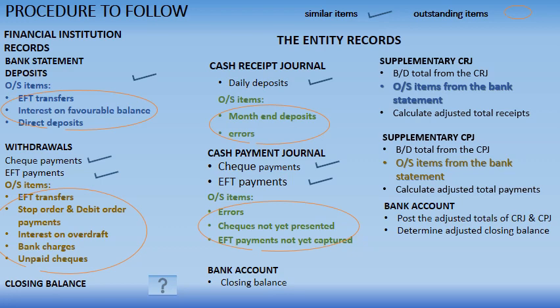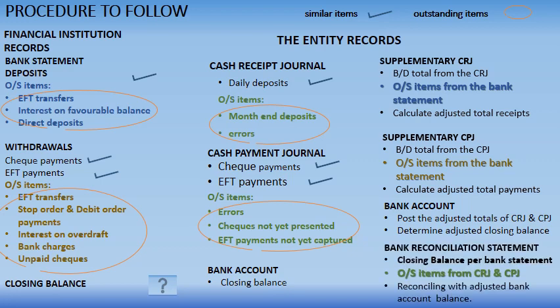Post these adjusted totals of the receipt journal and the cash payment journal into the bank account. Determine the adjusted closing balance. Proceed by preparing the bank reconciliation statement. The first entry on the reconciliation statement will be to show the closing balance as reflected on the bank statement.